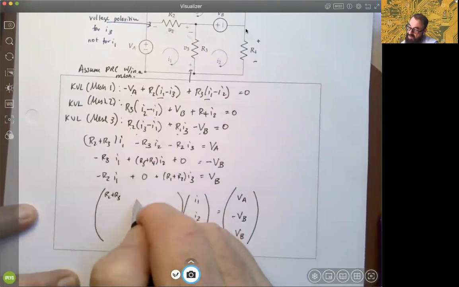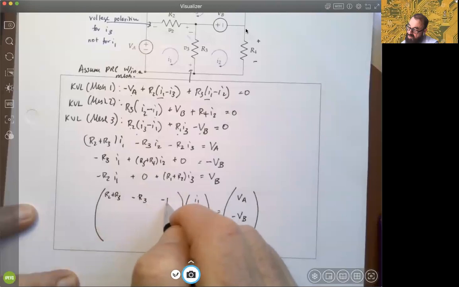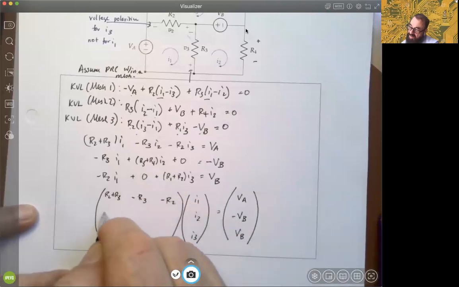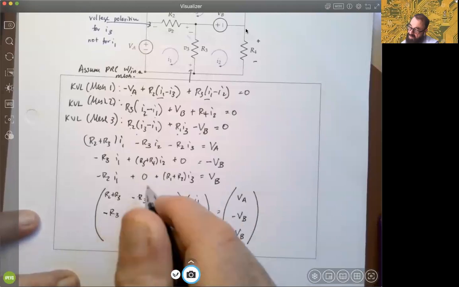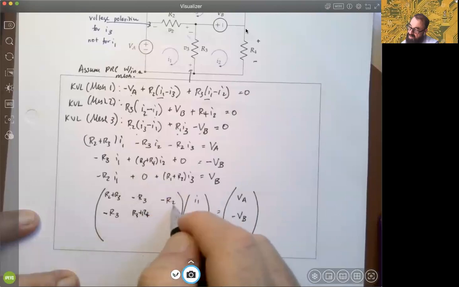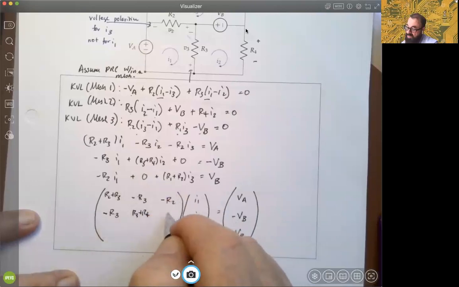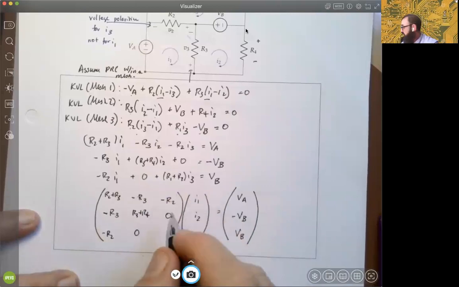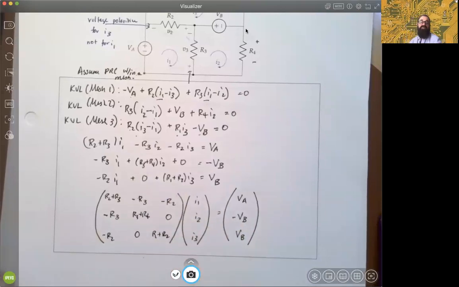The next entry in the 1,2 position is minus R3, and the 1,3 position is minus R2. Over here in the second row first column, we'll have minus R3, then we'll have R3 plus R4 on the diagonal, and then there'll be 0 there. With negative R2 here, 0 there, and then we'll have R1 plus R2 down here, okay?